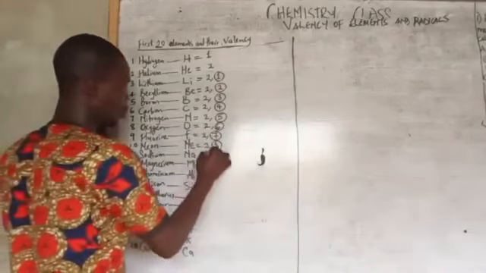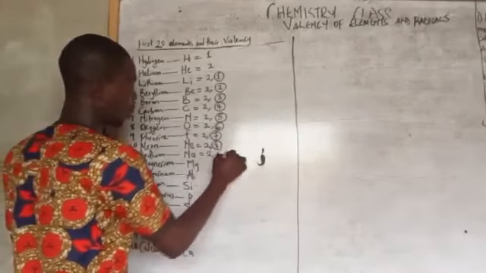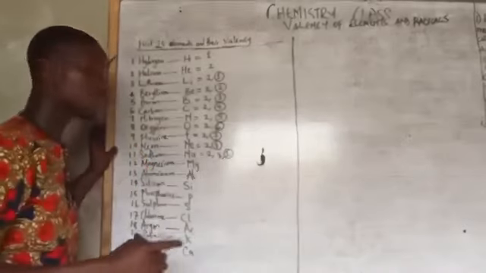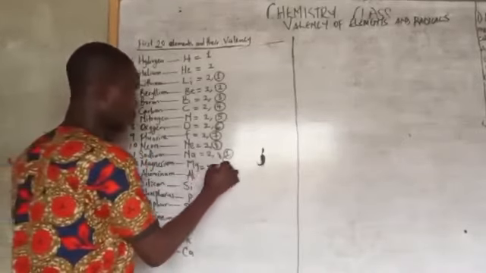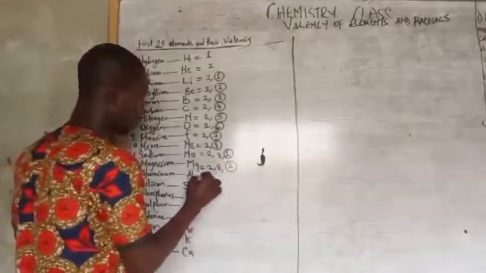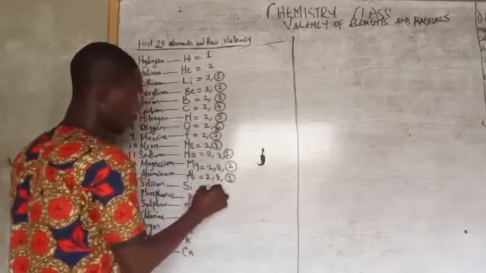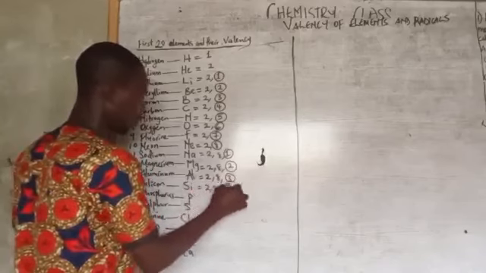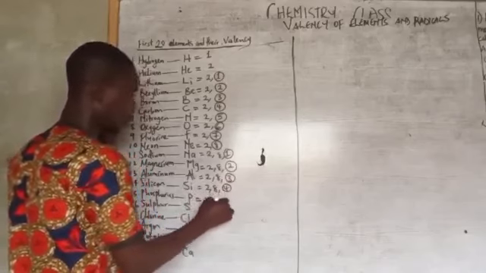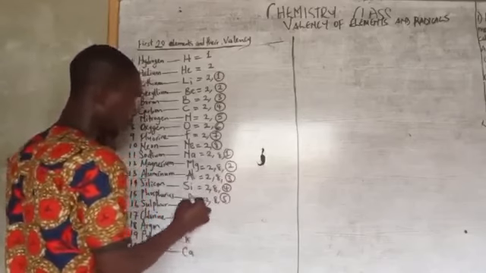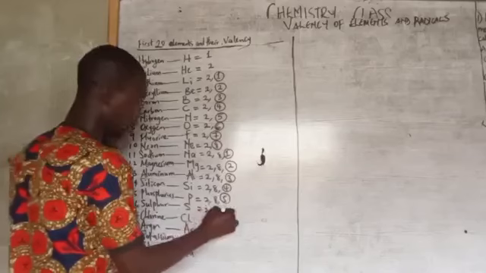Sodium 2, 8, 1. And the valence electron is 1. Magnesium 2, 8, 2. Aluminium 2, 8, 3. Silicon 2, 8, 4. Phosphorus 2, 8, 5. Sulfur 2, 8, 6.